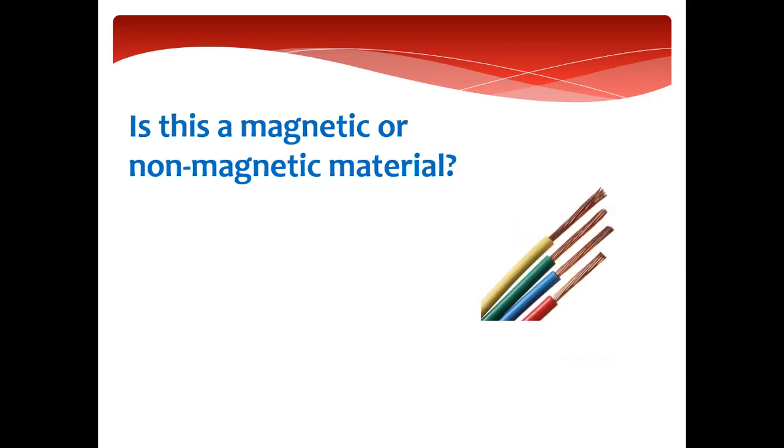Okay, here are some wires. Take care, this is a tricky question. I'm giving you two parts of the wire. First of all, this part. The wire itself is made of copper, right? Copper is magnetic or non-magnetic?